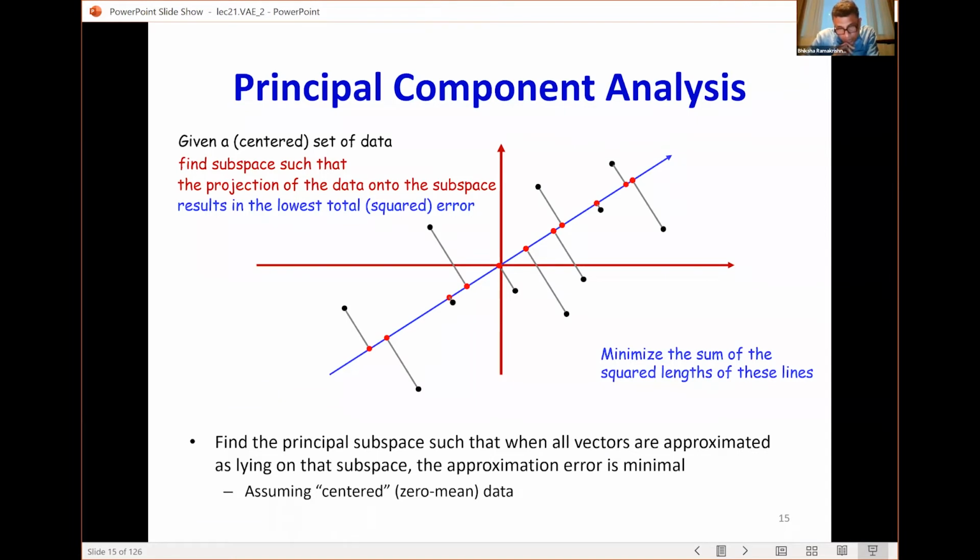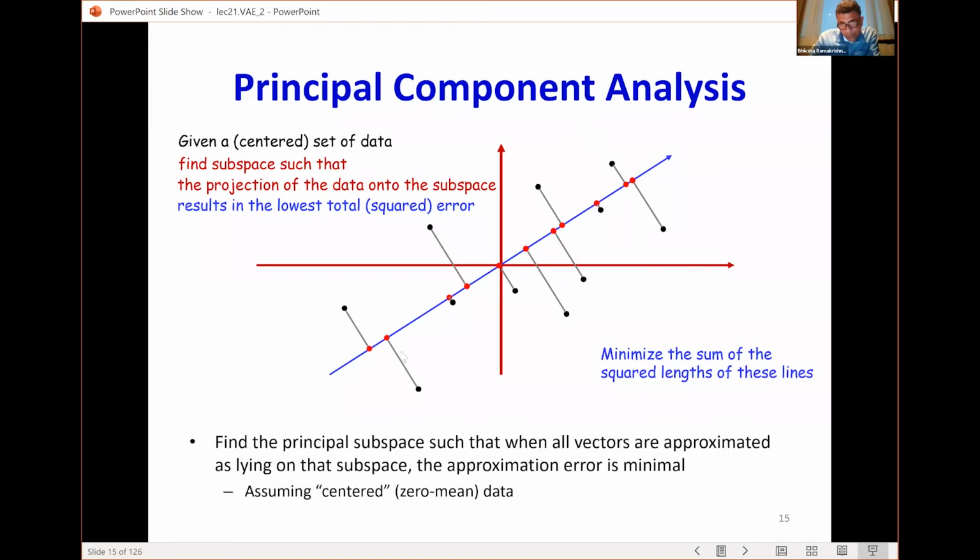The second topic that we touched upon in the last class was principal component analysis. You're given a set of data centered at the origin. This is in some high dimensional space, in this example, in 2-dimensional space. You want to find a lower dimensional subspace such that when you project all the data onto that subspace, the total squared error from the projection is minimized.